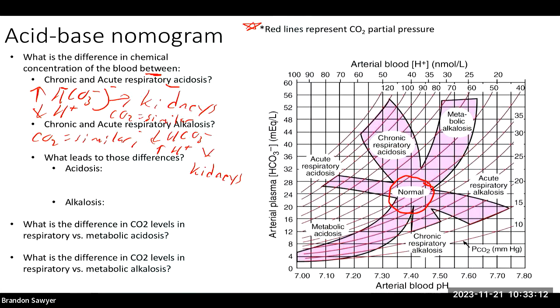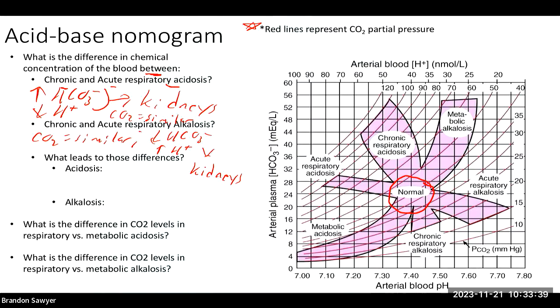And why? Did you guys talk about why? Would it be because you can now use respiration to compensate? Exactly. We're seeing the compensation of the lungs. The lungs are releasing that CO2 to help us with this problem of hydrogen. And that one happens quick.